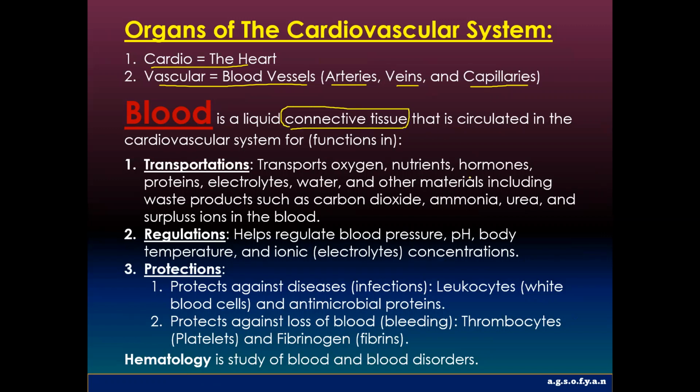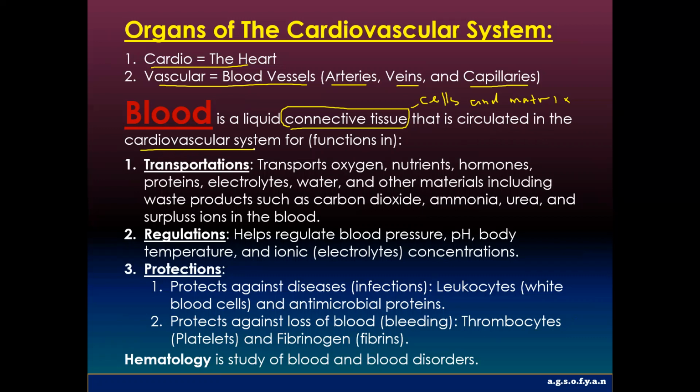Remember, when we learned about tissue, connective tissue is the tissue that consists of cells and matrix. So blood is liquid connective tissue that is circulated in the cardiovascular system.